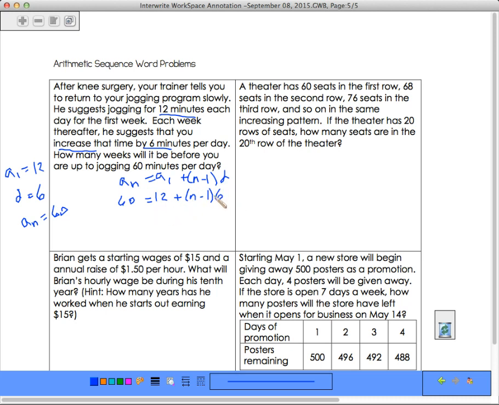So distributing here, 6 times n is 6n. 6 times -1 is -6. Remember, if it bothers you, write the 6 in front. That's fine. Okay. Here, 12 minus 6, those are like terms on the same side. I can combine those and just get 6.